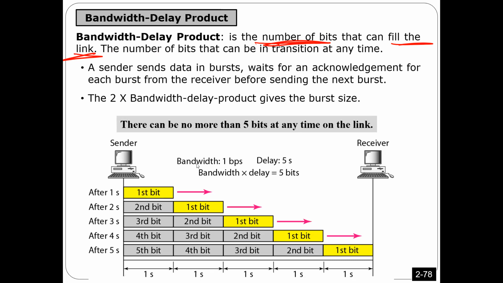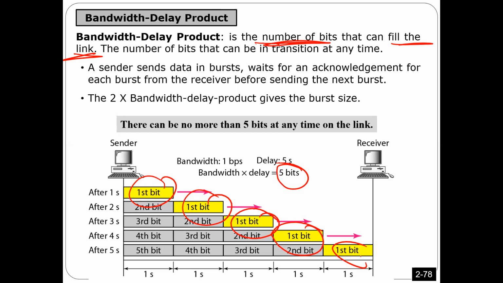Assuming the bandwidth is 1 bit per second and the delay is 5 seconds, if I multiply them together, I'm going to get 5 bits. What does 5 bits mean? It means the cable can have 5 bits in transition at the same time. You understand what I'm saying?